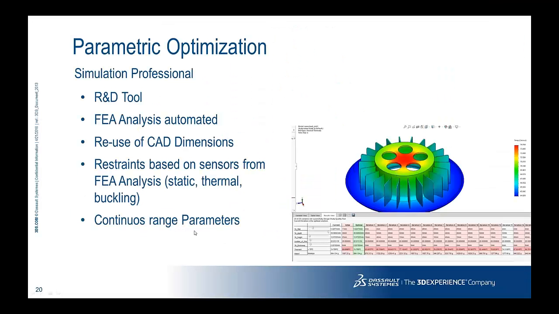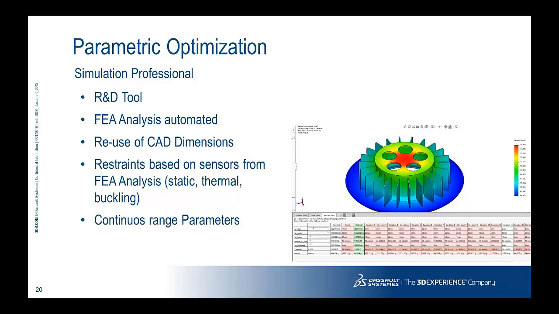So again, this is an R&D tool. It's automated from analysis, in this case from thermal analysis, but you can use static analysis, you can use buckling analysis, and so on. You can reuse each CAD dimension that you have already, because we are in SOLIDWORKS, so you can reuse everything.